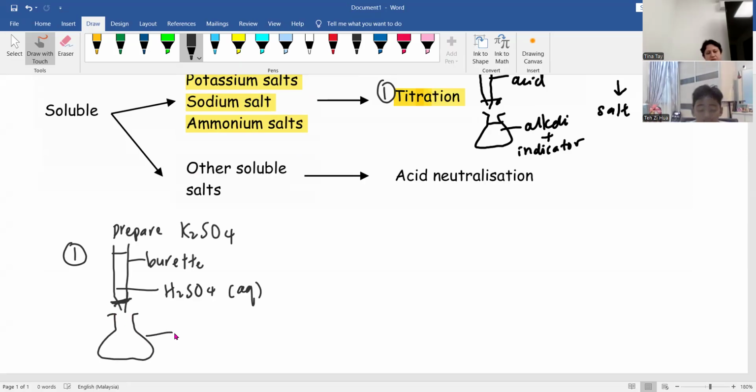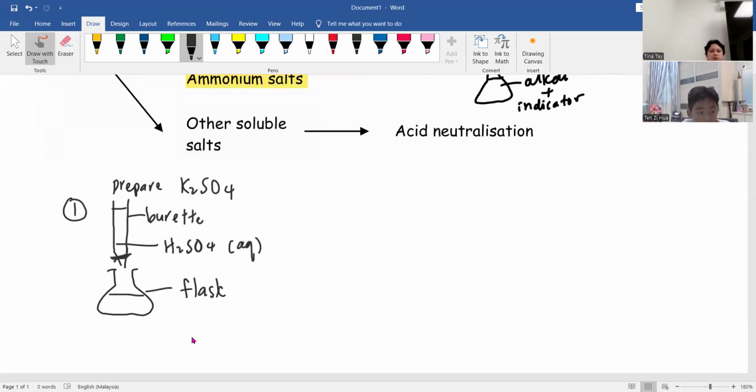Here I'll put a conical flask, and I will put potassium hydroxide. What is the color of potassium hydroxide? White. Think again.